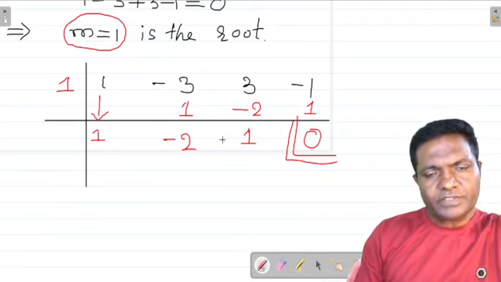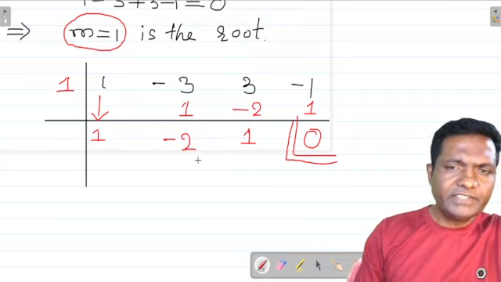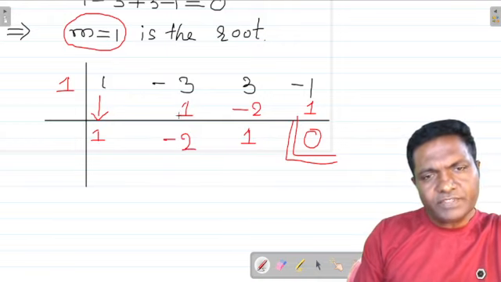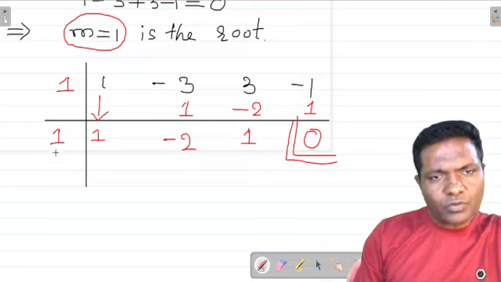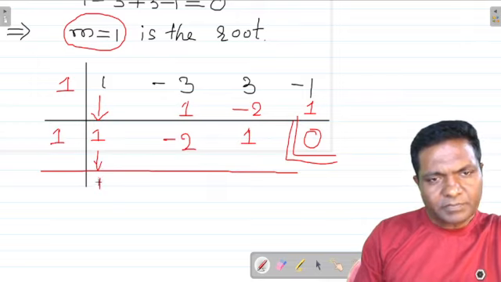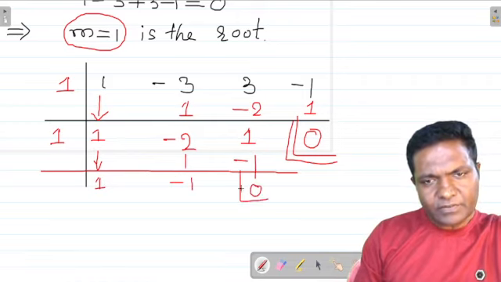Again look at the coefficients. This is the reduced equation 1, minus 2, 1. If you add these numbers and get 0 again, 1 plus 1 is 2, 2 minus 2 is 0, then again 1 is going to be one more root. So by inspection, bring this number as it is, 1 into 1, 1, minus 1, minus 1 into 1, minus 1, and this is 0.